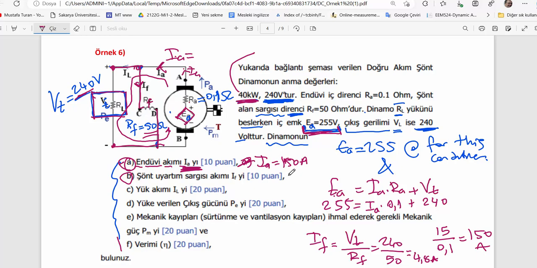The second answer is the shunt field current is 4.8 amps.